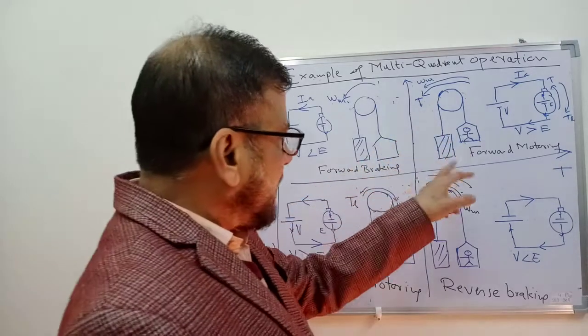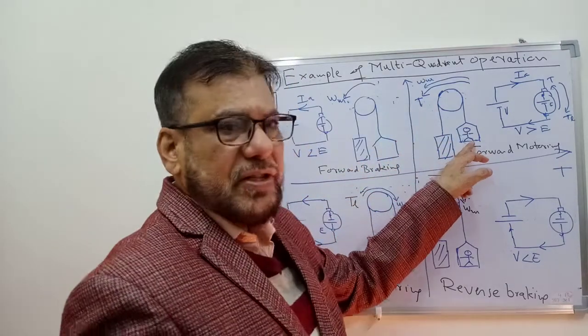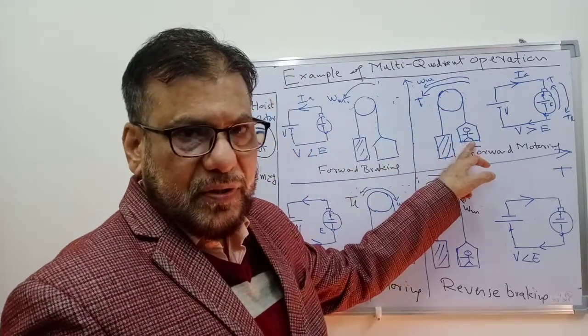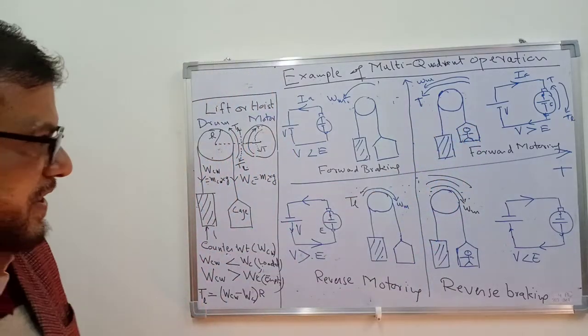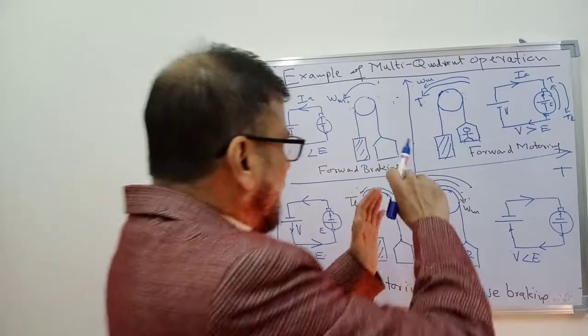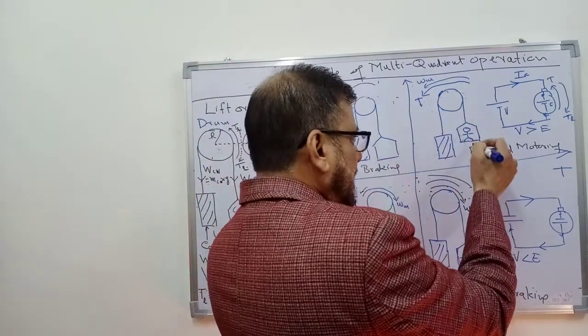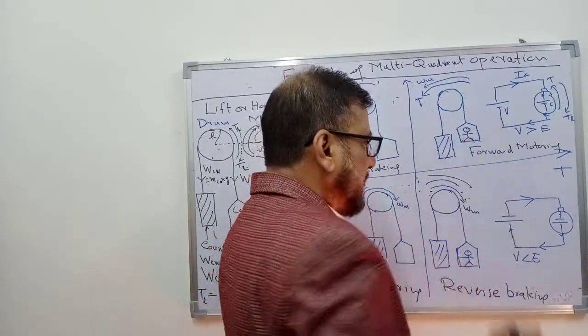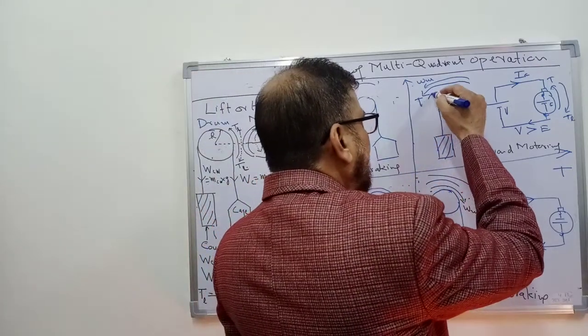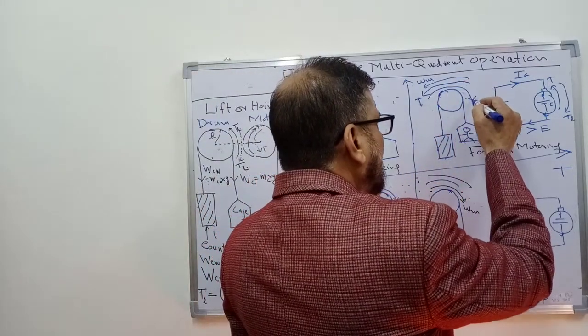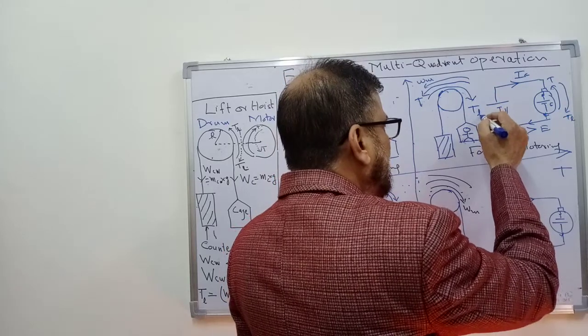Now here you can see that I have shown that the cage is a loaded cage. Some persons are there in this cage. So the net load torque, because the weight of this cage is more than the counterweight, is acting in the clockwise direction.